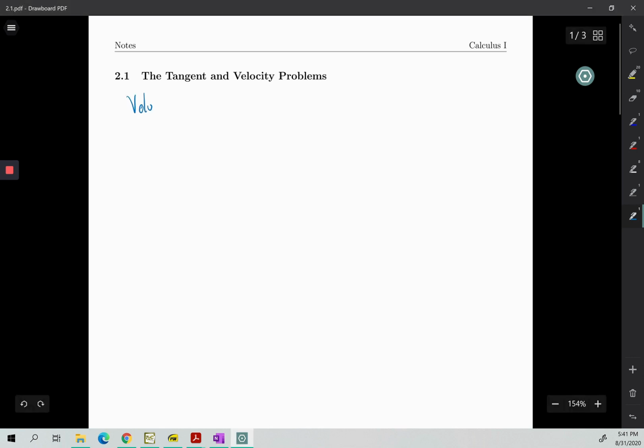So velocity is a rate of change. And to compute velocity, what we do is we take the change in position of an object and we divide it by the time elapsed.